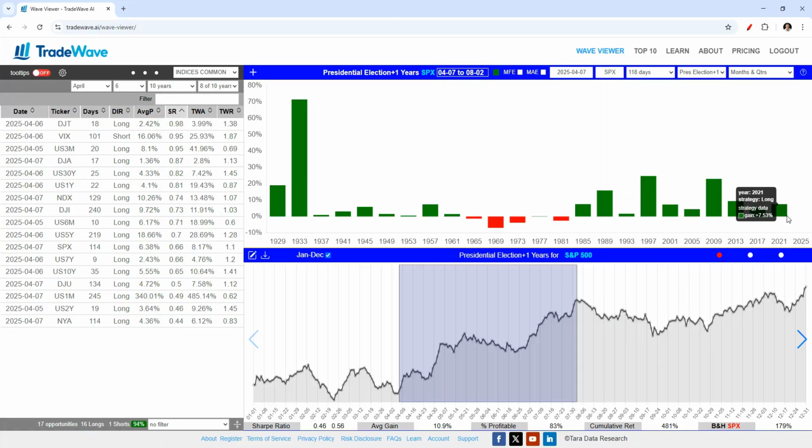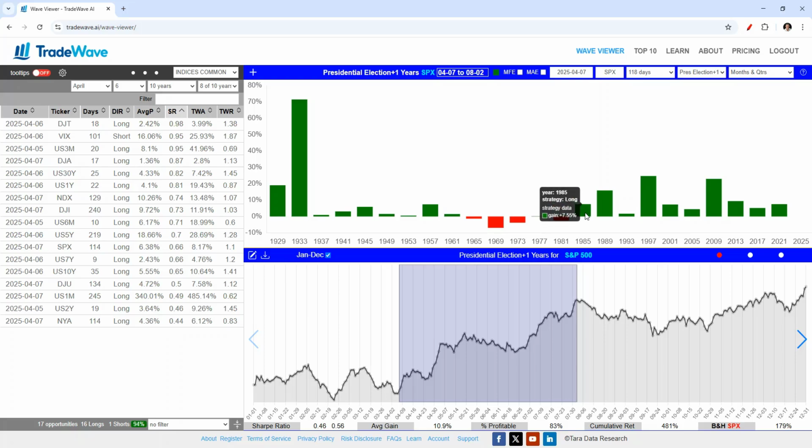Let's take a look at gain and loss of these years. 1929 until 1969 was all positive, or some years were flat positive. They were losers in 1965, 69, 73, and 81, and a flat up 1977.